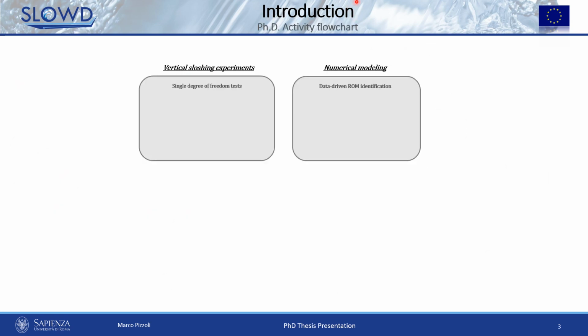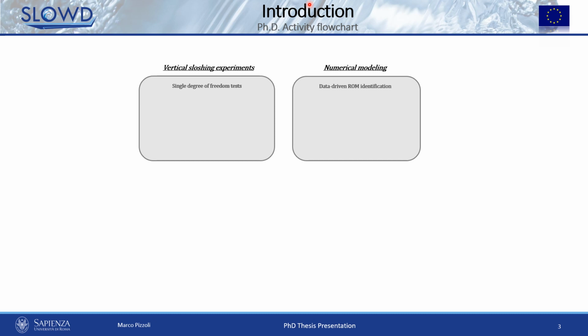From a design and methodological point of view, an approach was used that combined experimental campaigns and numerical modeling. In particular, the latter was based on the use of data measured precisely in the experiment. In fact, we speak of a data-driven approach.